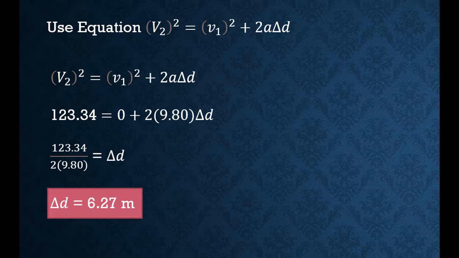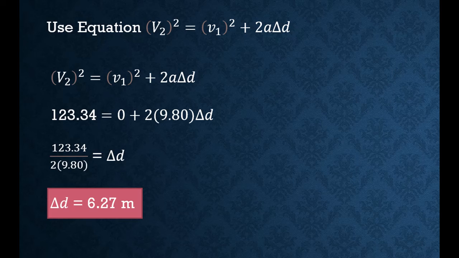Now that you have the final velocity, you can use the equation v2 squared equals v1 squared plus 2a delta d. Now, we are going to solve for delta d. So plug in what you know: 123.34 equals 0 plus 2 times 9.80 times delta d.